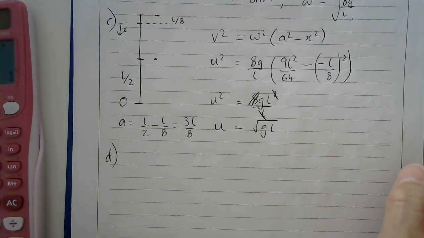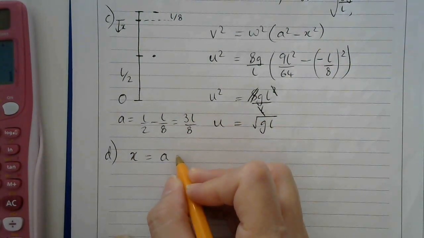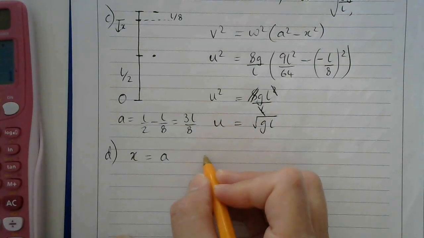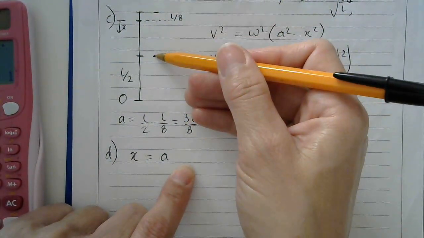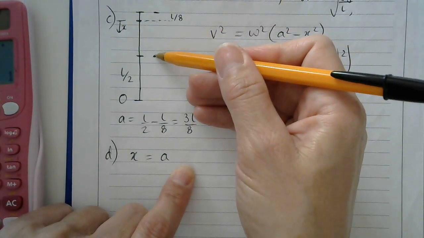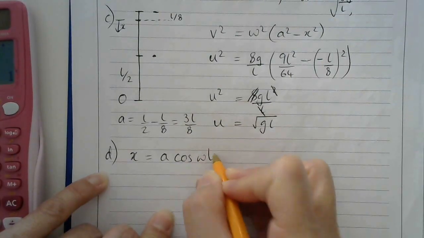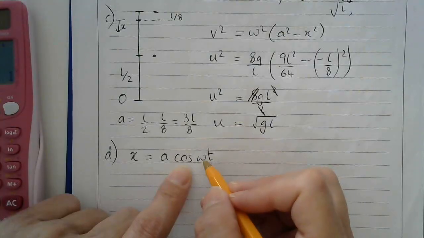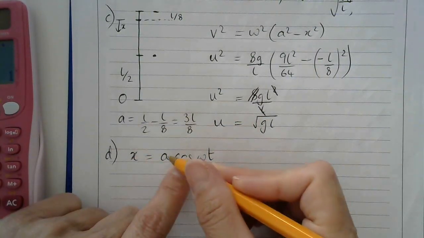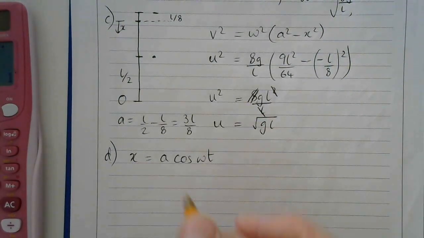So I need to use x is a sine omega t or cos omega t. Now, because the motion began from the extreme, from A away from the equilibrium position, I need to use cos omega t, so that when I put t as 0 in here, I get cos of 0, which is 1, and so I get x equals a. Okay, so that's here.